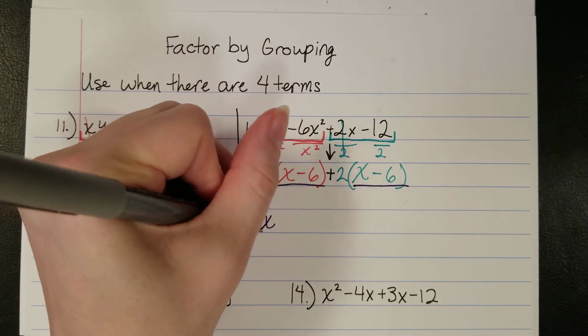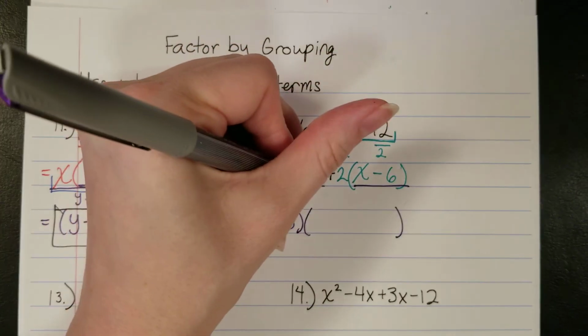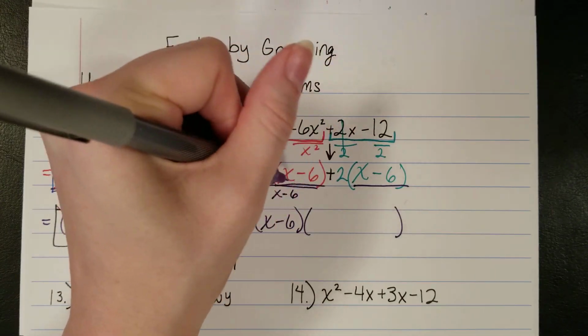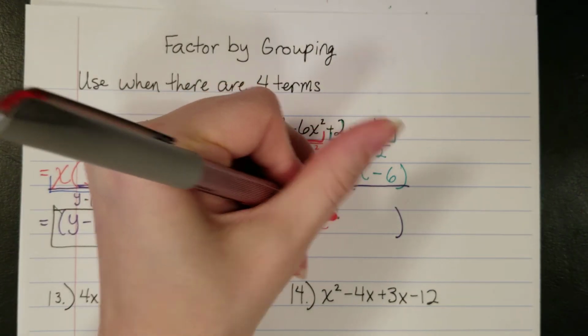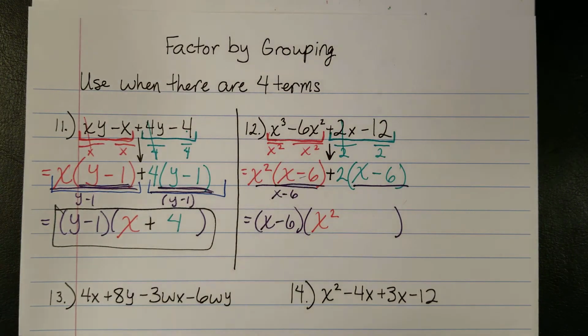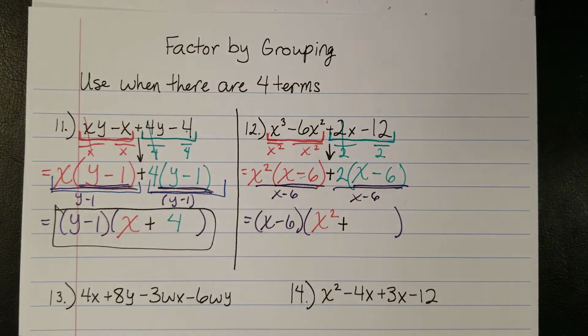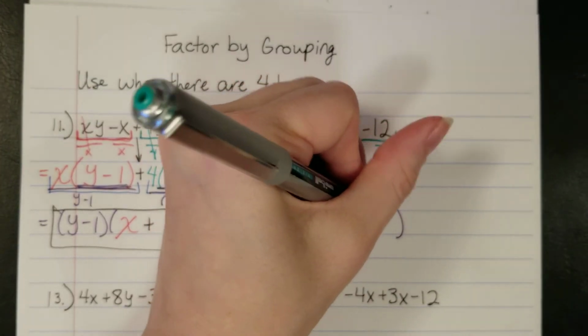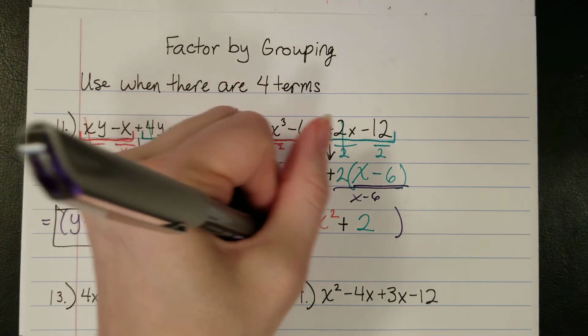So you write that down. So if you divide that by x minus 6 and the x minus 6 cancels out, then you can bring down the x squared plus, and if you divide this by x minus 6, the x minus 6 cancels out, and you can bring down the 2, and that's your final answer.